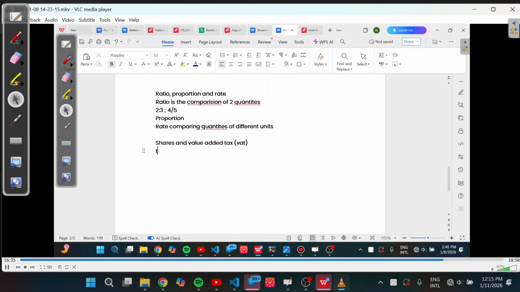Value added tax is VAT in the short form. So shares is the money that is shared among people according to a given ratio. While value added tax is just tax that is added to goods and services.